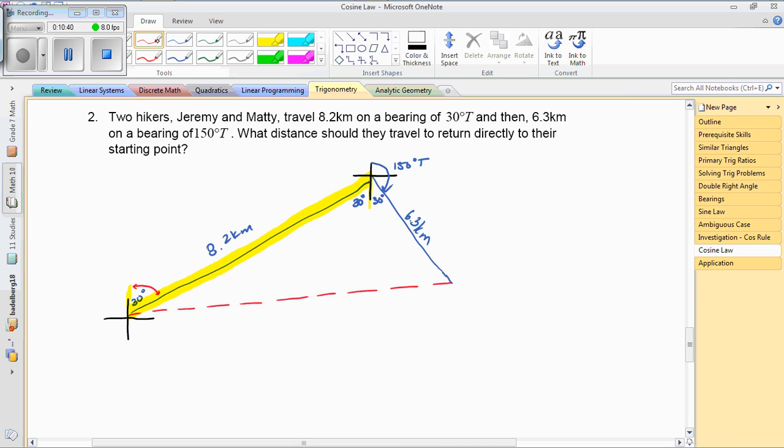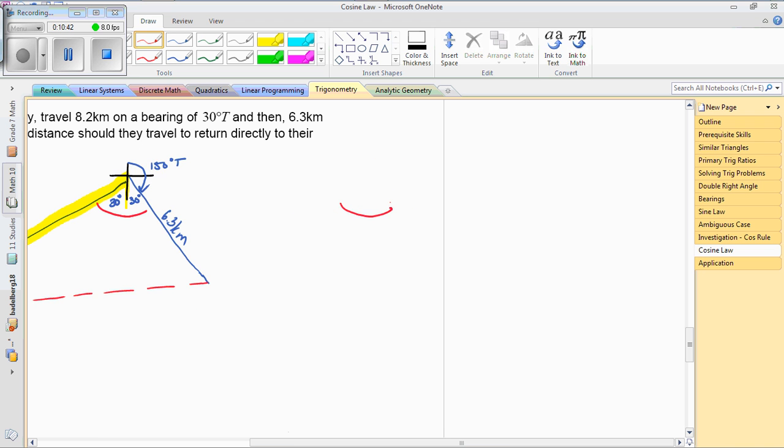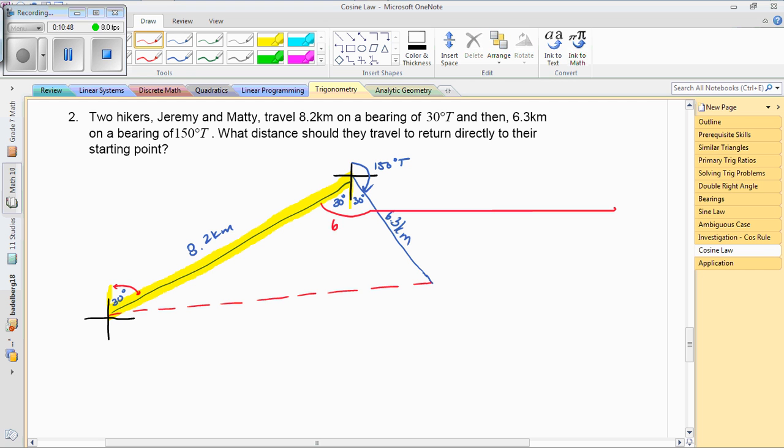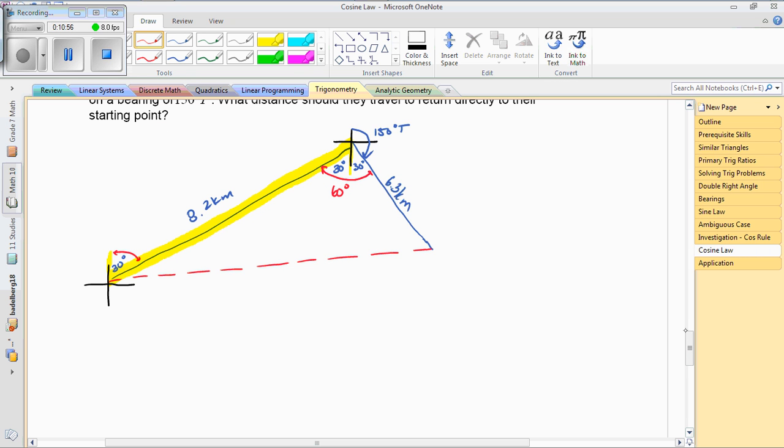That makes this whole angle here 60 degrees.